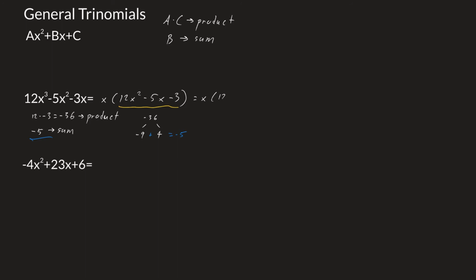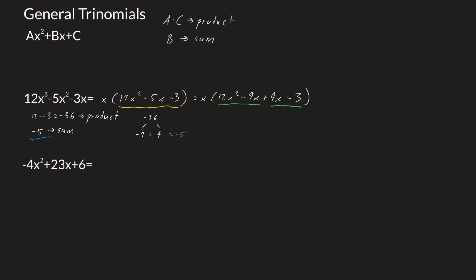x times 12x squared minus 9x plus 4x minus 3. Okay, well, do you see it? Let me underline it for you. If we look at the first two terms and then the last two terms, we could group things, can't we?